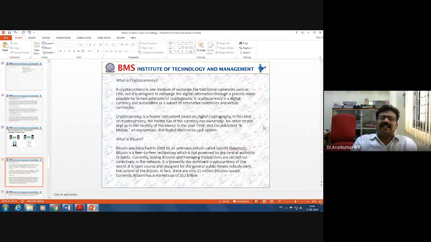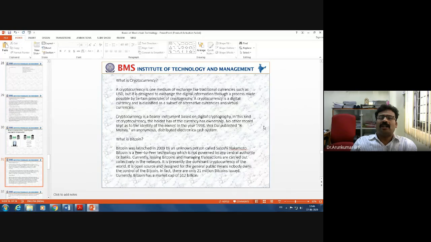Cryptocurrency is a digital currency, classified as a subset of alternative currencies and virtual currencies. It has become an instrument based on digital cryptography.